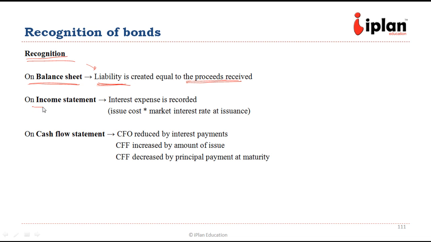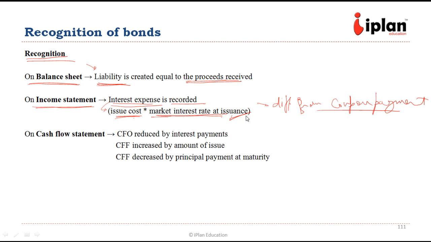And on the income statement, since we know that periodically the interest is paid on the bond, interest expense is recorded on the income statement, which is calculated as issue cost times market interest rate at issuance. So this is different from the coupon rate. The coupon payment is par value times coupon rate, whereas the interest expense is issue cost times market interest rate at the time of issuance of the bond.